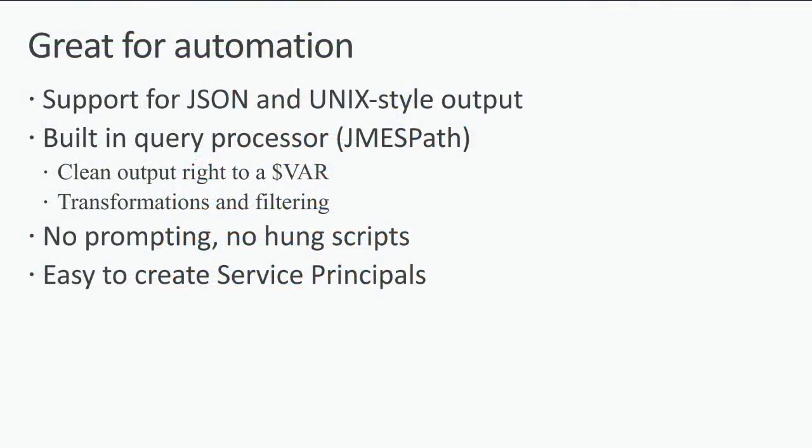First, let's focus on automation. Whether you need to shut down all your VMs at the end of a night, or whether you're building a cloud-hosted website and you need to automate some load testing, you've likely found yourself wishing for a simpler way to automate Azure.